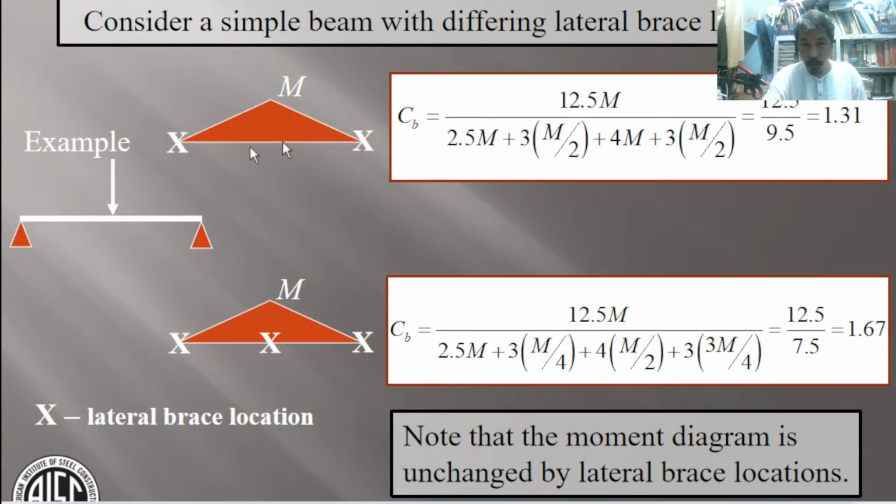Here we only have 2 braces, but here there are 3, so we will have 1 quarter, 1/2, 3 quarter, because there are 3 of them. That's why the values are different.